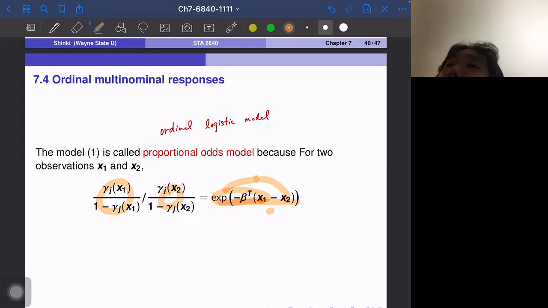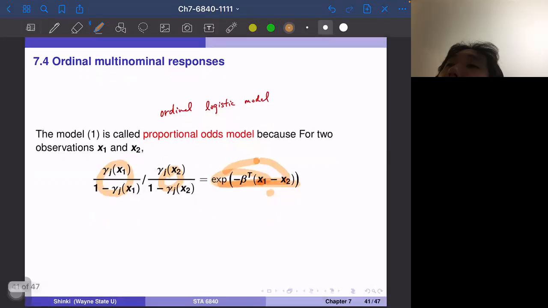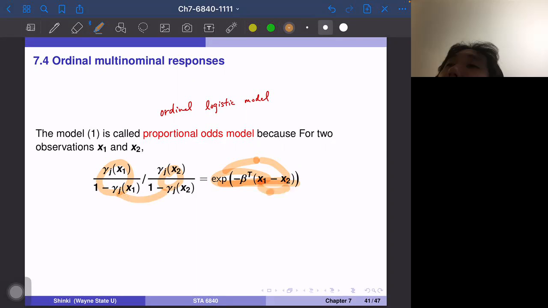So the ratio is just the subtraction inside the exponential function. That's why it's called the proportional odds model. So basically, the difference between log odds is proportional to the difference between x1 and x2. So this is the theory for the proportional odds model.